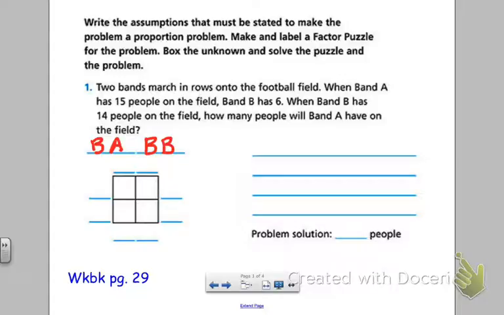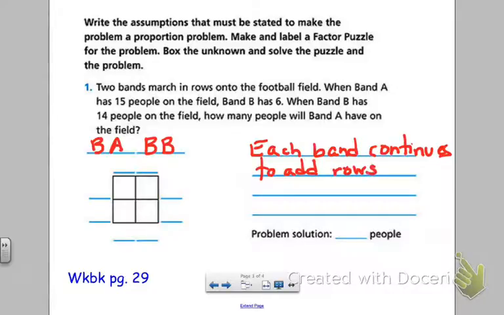And let's see, I have some assumptions here. I'm assuming that this is a proportion problem. I'm assuming it's a proportion problem because I would think each band continues to add rows on the field at their own constant rates.